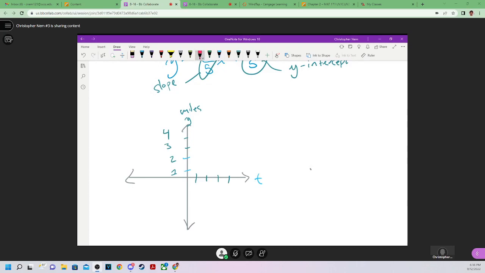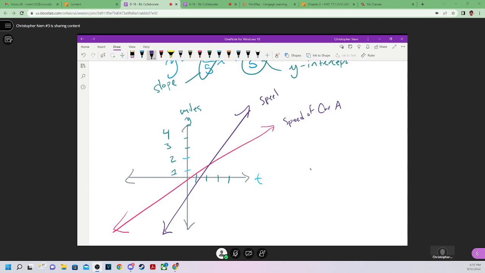And then I were to ask you, which one of these graphs, if the linear equation here represents the speed a car is going, if this graph represents the speed of car A and the speed of car B, what is the average rate of change?